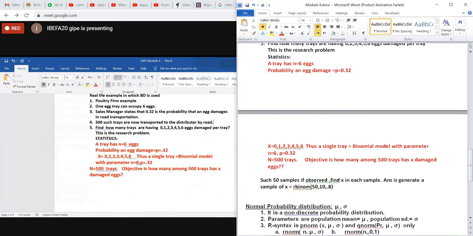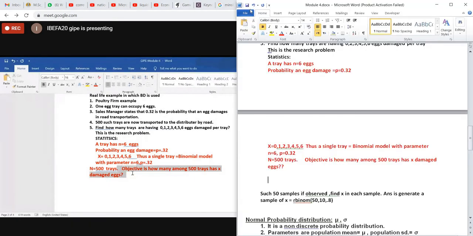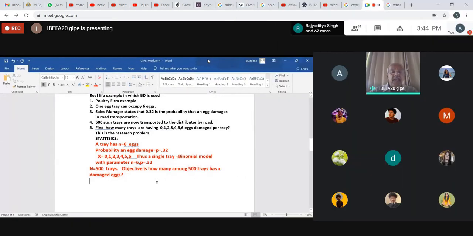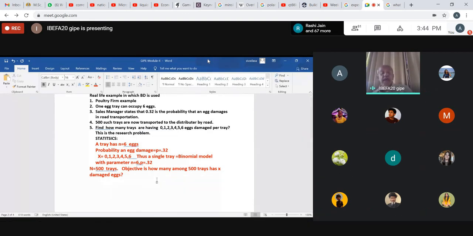I will explain. Before I explain, who can help me explain the meaning of my research problem? Objective is how many among 500 trays have X damaged eggs? Who can explain that? Sir, it means that out of the 500 trays being transported, how many trays have 0 to 6 damages? That means 0, 1, 2, 3, 4, 5 or 6 damaged eggs. Correct, perfect.